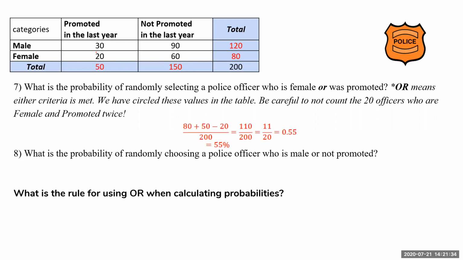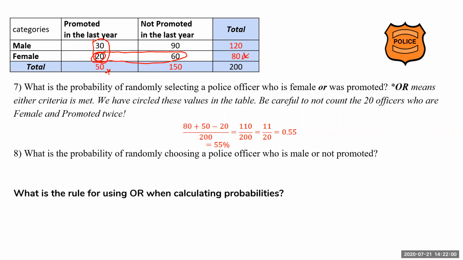So we are looking at selecting a police officer who is female or was promoted. Okay, so female or was promoted. So what did we do? We will put these totals together and then we subtract this 20.